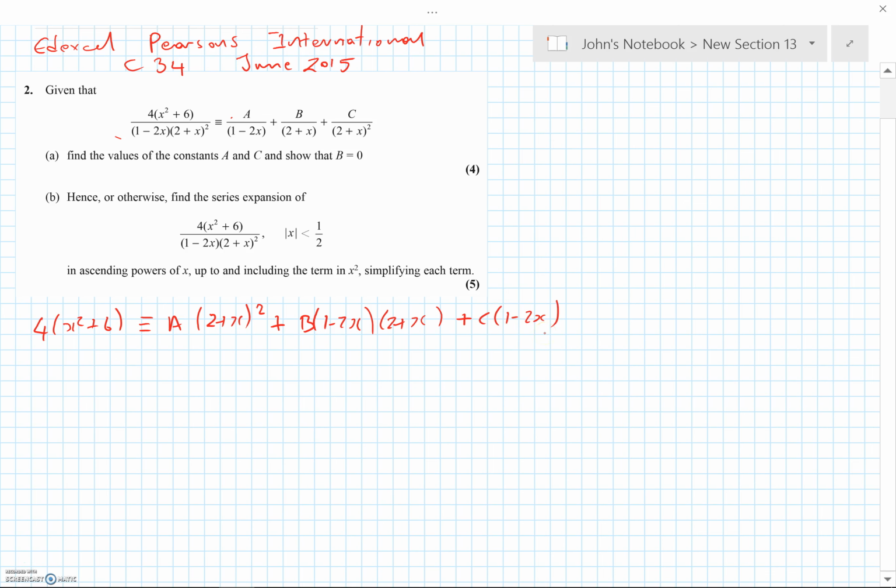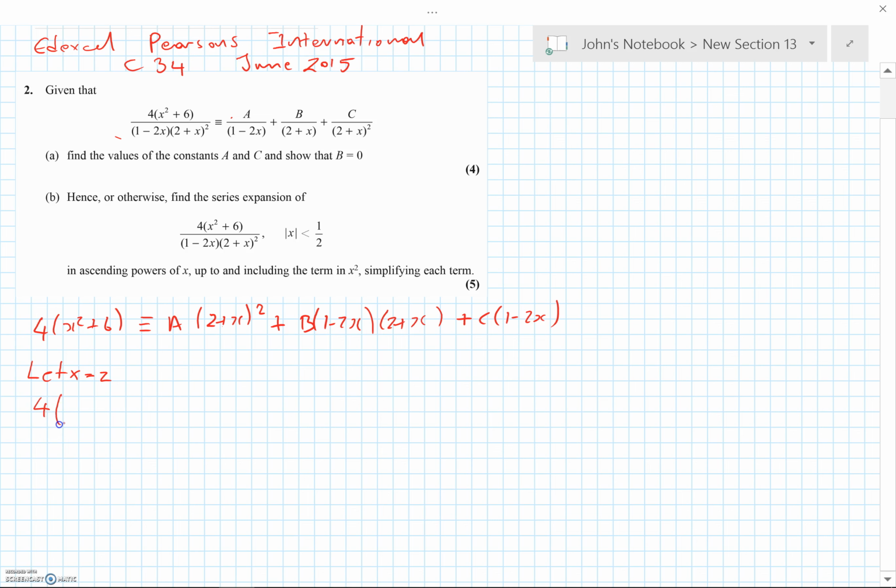Now I can let x be any convenient number I choose, so letting x be equal to minus 2 is quite handy because it will cancel out the term here and it will cancel out the term here also, so we'll be able to work out c in that way.